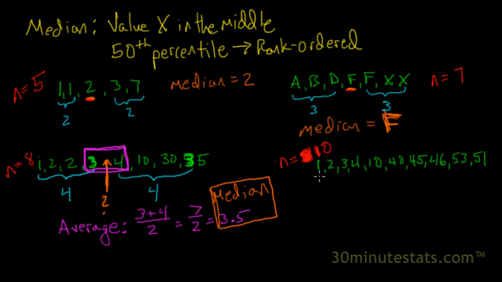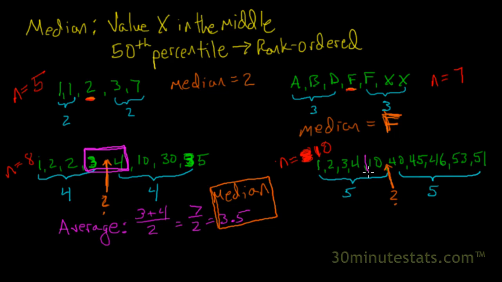If we divide this array up into 2 pieces, then we've got 5 observations on one side, and 5 observations on the other side. And just as in the last examples, we want to know what is this value right in the middle. That value is going to be our median, and we need to calculate what that value is.